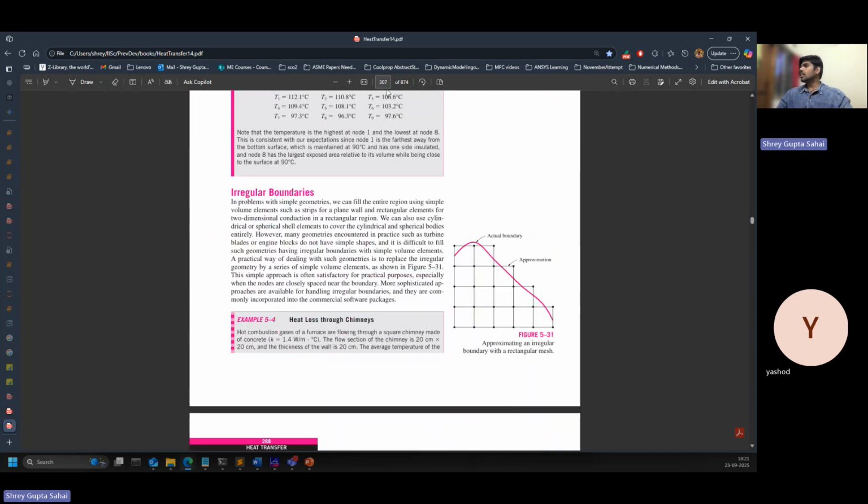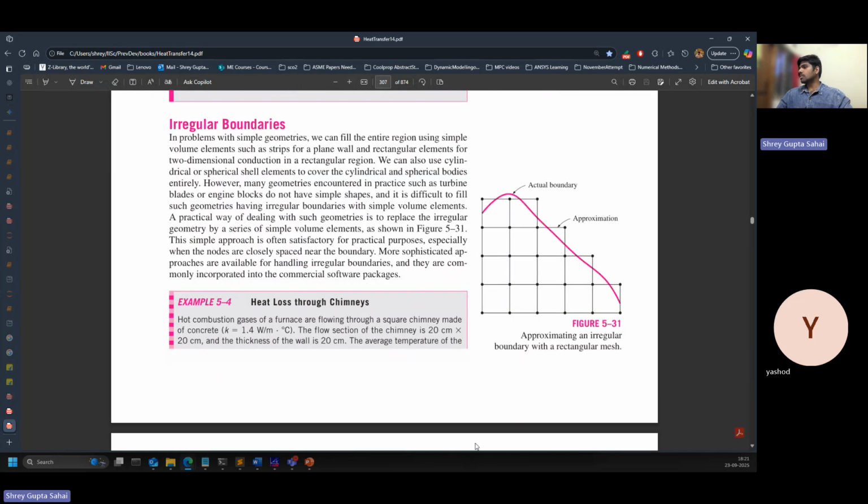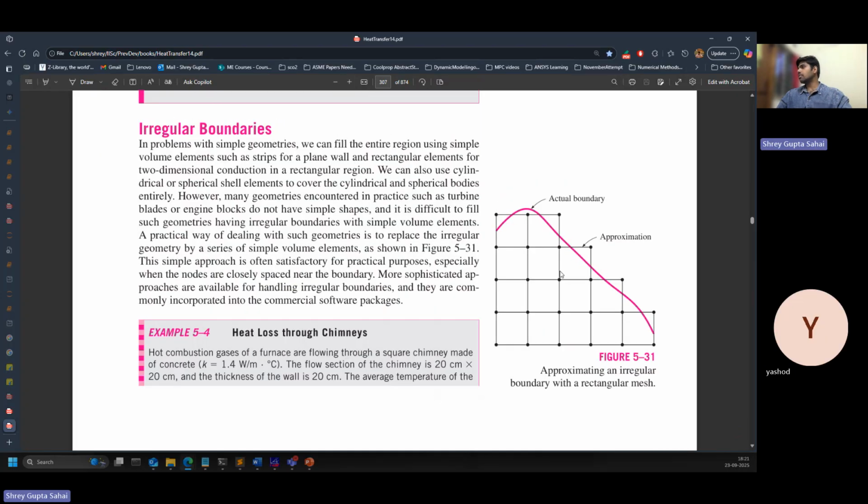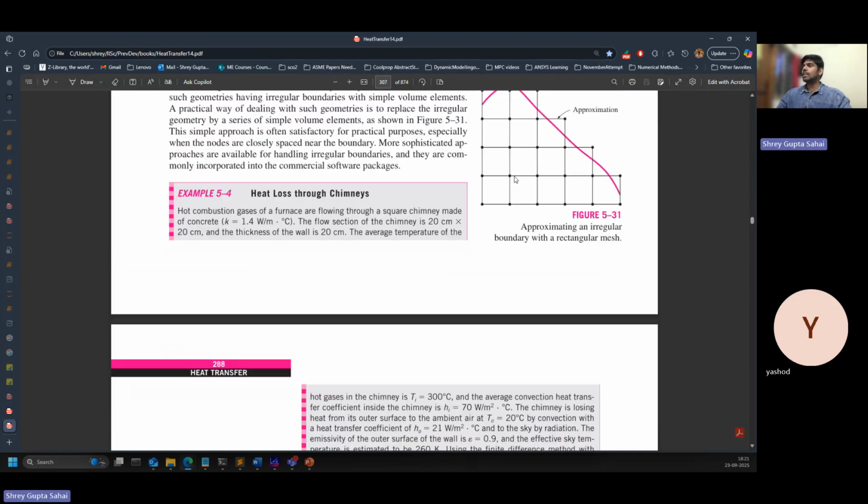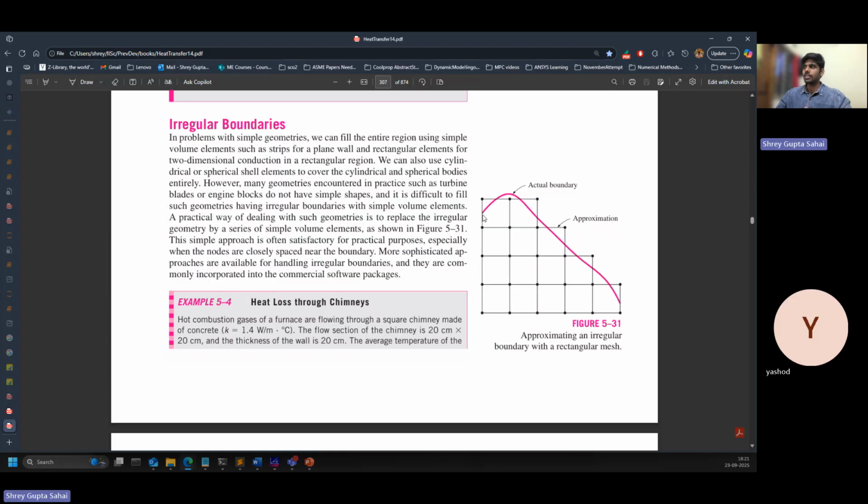See, this is the approximation that you can do in complex geometry in a 2D setting. This is how your grid will start looking. If you think about it, it does make sense.